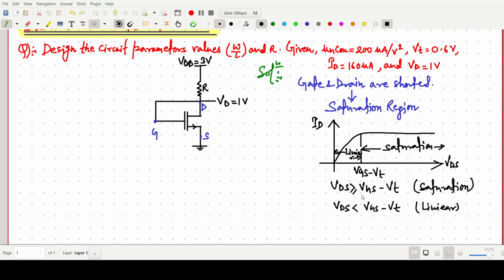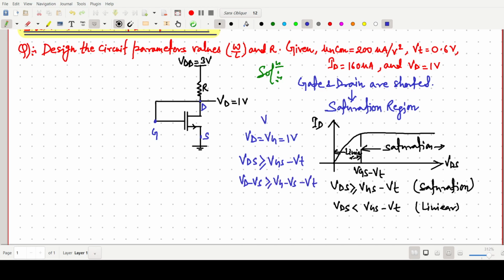Now we can easily say the values of VD and VG are the same, that is 1 volt. So for VDS, I am writing VGS minus VT. This will always be greater. Why? Because VD minus VS, and here we can write VG minus VS minus VT.